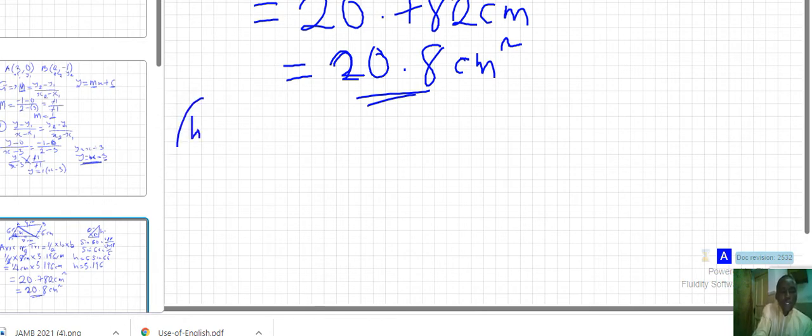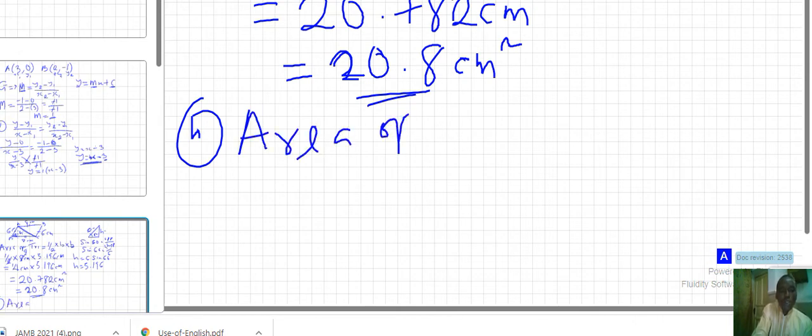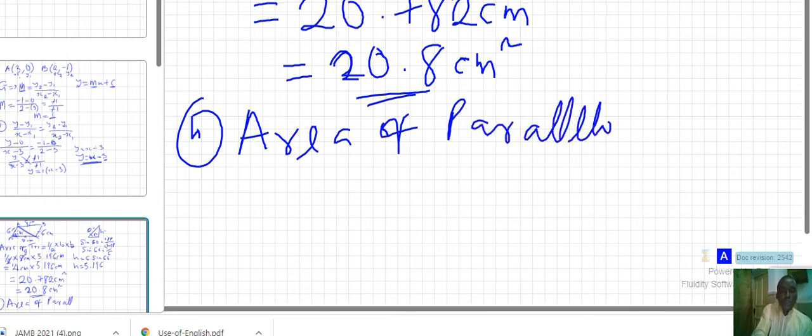Area of a parallelogram can be equal to, it depends on what you want to use, but if you use any of these formulas, you're going to get your answer correctly.